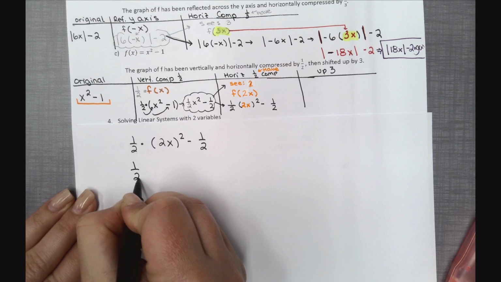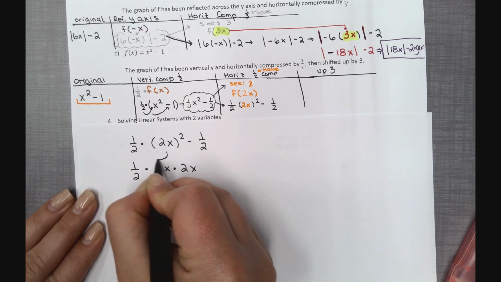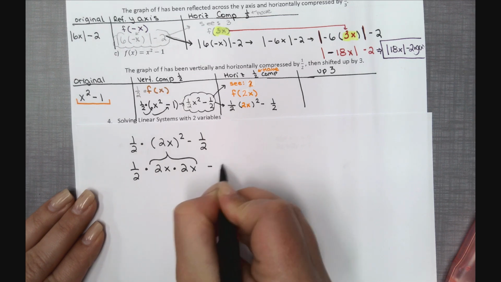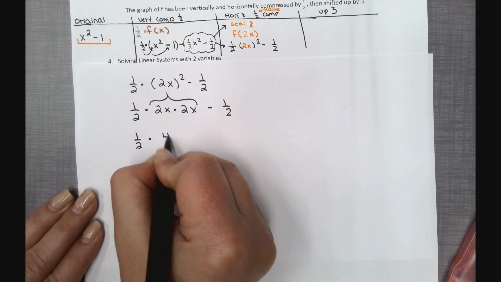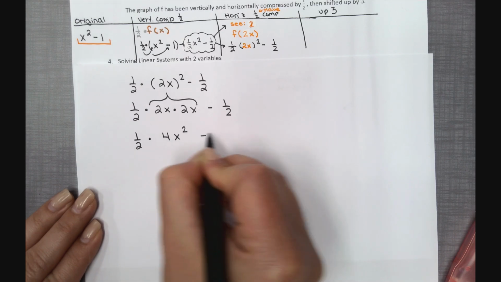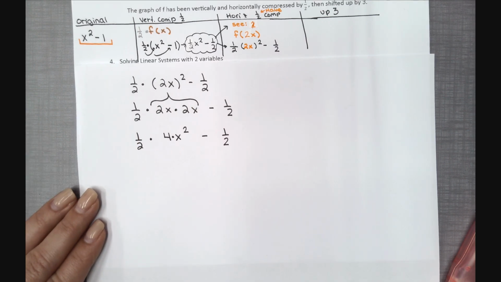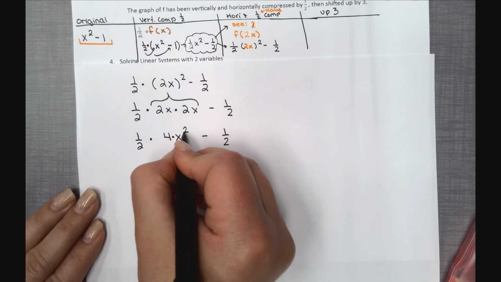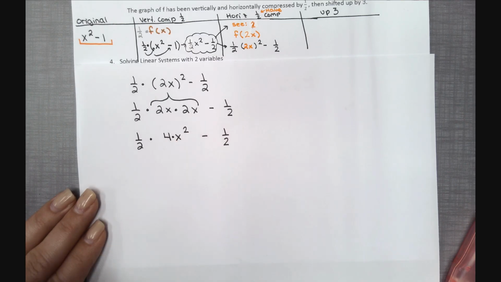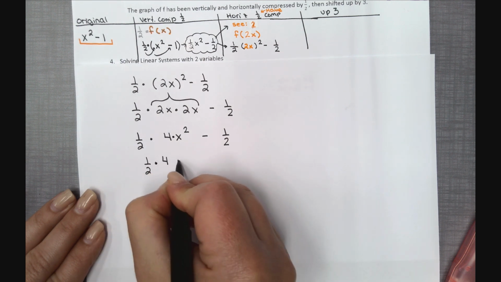Which means I have 1/2 times 2x times 2x minus 1/2, which means I have 1/2 times 4x squared minus 1/2. And now since I have 4 inside the parentheses, the squared is only on x, the squared is no longer on 4, then I can multiply these 1/2 times 4 to simplify it.